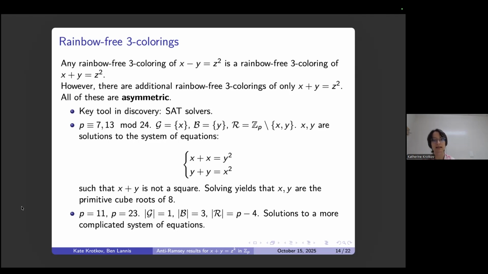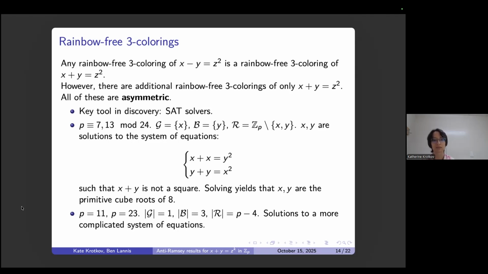And what a SAT solver, a satisfiability solver, does, it's a computer program that checks the variables, and if there's some way of assigning true and false to the variables, such that the whole formula is true, then it says it's satisfiable. And it can even tell us what values you should assign to each variable to make it satisfiable. And if it's not, then it's unsatisfiable and we don't get any information other than that.